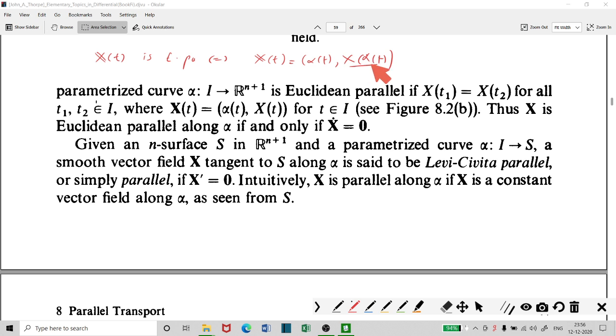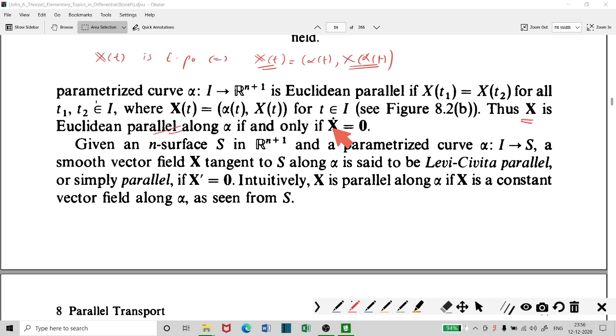If this x of alpha of t is constant for every t, we can say that it is a Euclidean parallel vector field. That means a Euclidean parallel vector field assigns parallel vectors at every point of its domain. This is the definition of Euclidean parallel along alpha.